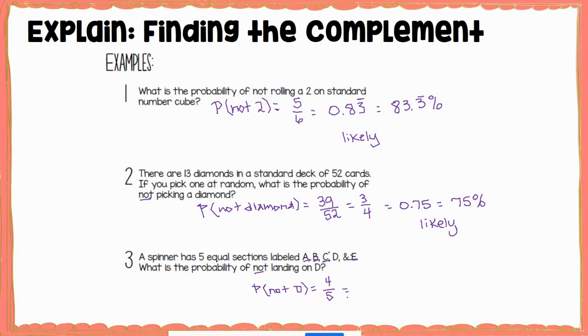Well, that's a simplified fraction, so if I turned it into a decimal, I would get 0.8. And if I turned that decimal into a percent, I would change that into 80%. Well, again, anything between 50 and 100 is likely to happen. So this is likely.